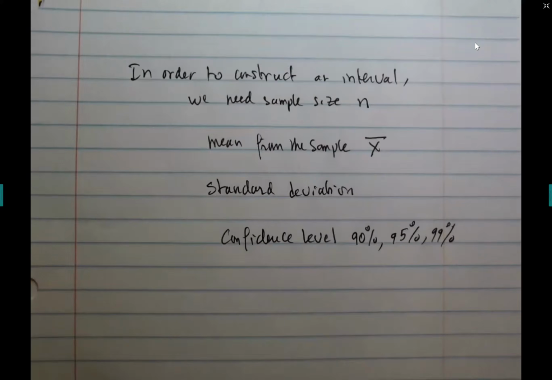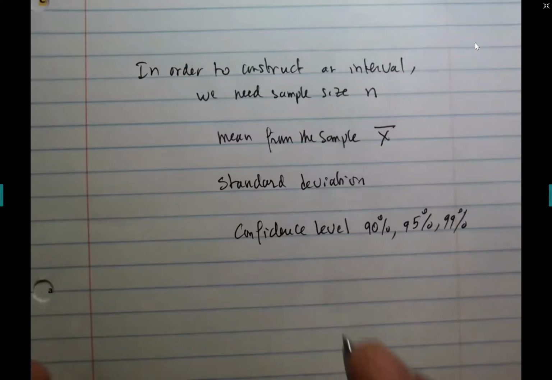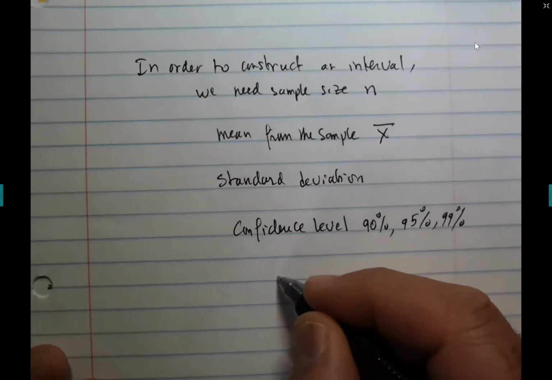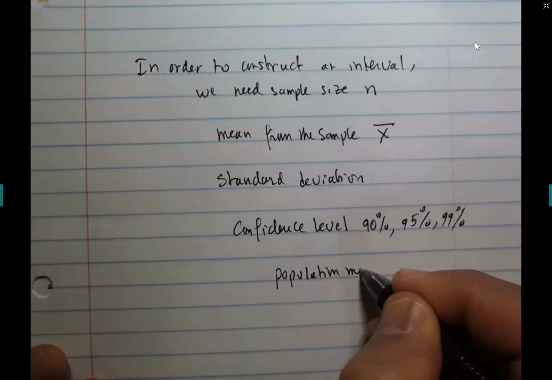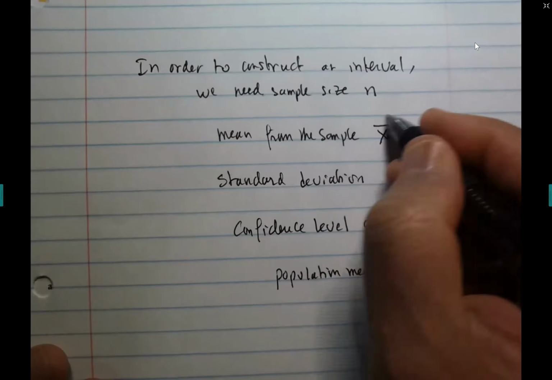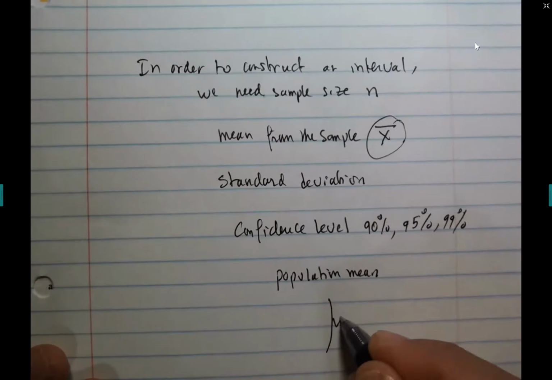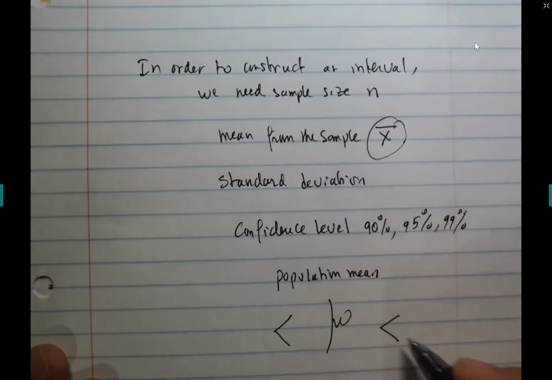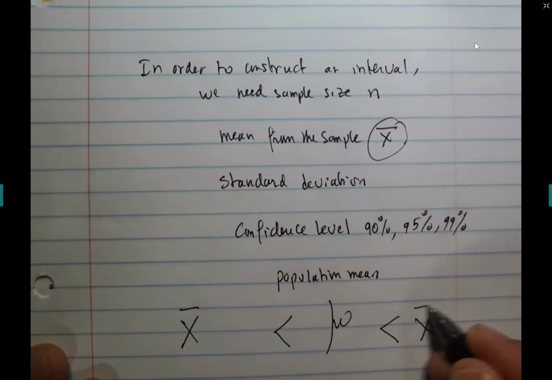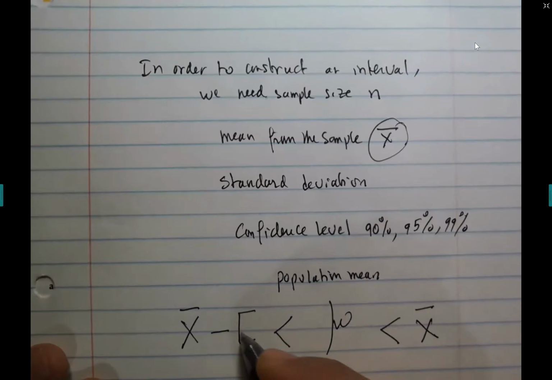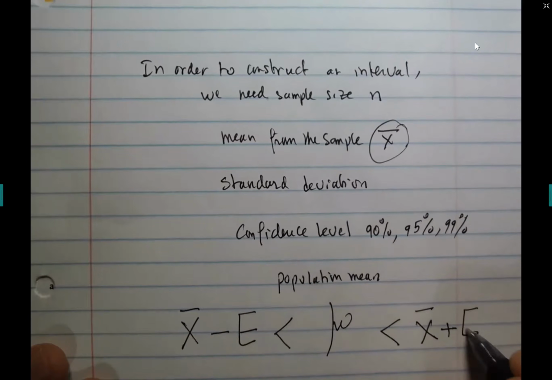And here's how we're going to construct the interval. If it asks me to construct an interval for the population mean, it's going to be like this. It gives you X bar. You're going to put the mean here. You're going to put X bar here and X bar here. You're going to subtract the margin of error, and you're going to add the margin of error.